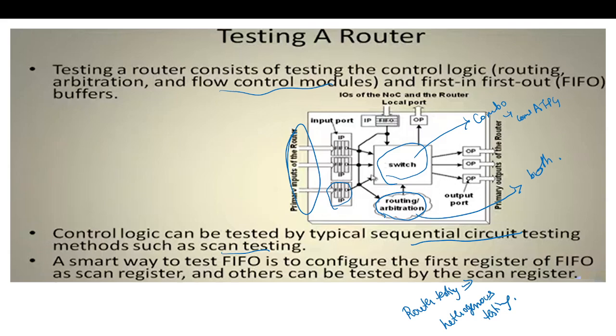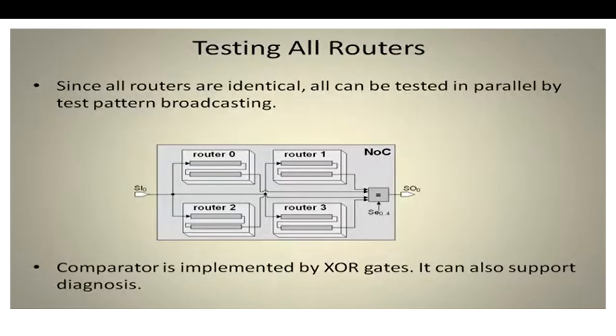Flow control modules are at the primary input, where there are the flow control input modules. Testing all routers: since all routers are identical, they can be tested in parallel by test pattern broadcasting. Comparators are implemented by XOR. It also supports diagnosis.